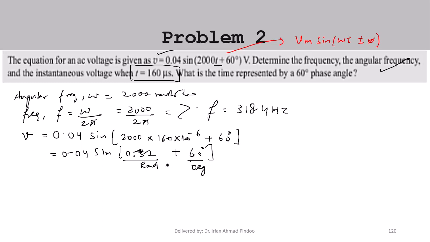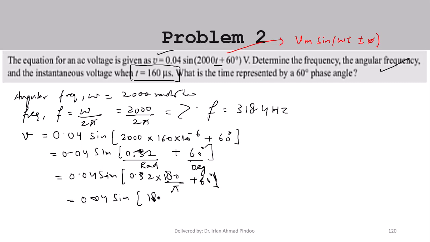So we need to convert any one of them. We can write it as 0.04 sine of 0.32 into 180 by pi, which will convert this into degree. So it will be now 0.04 sine 18.3 degree plus 60 degree.